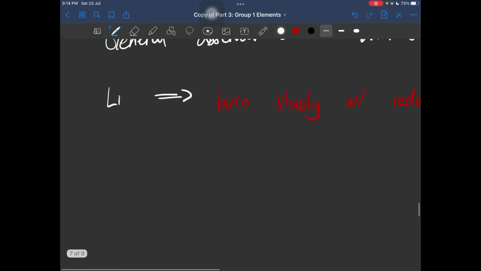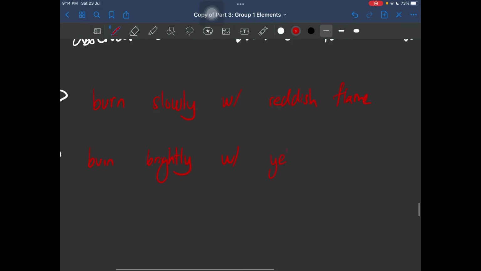Now, how about sodium? Since it is more reactive than lithium, since it's more electropositive, it will burn brightly with a yellowish flame. Yellow is brighter than red.